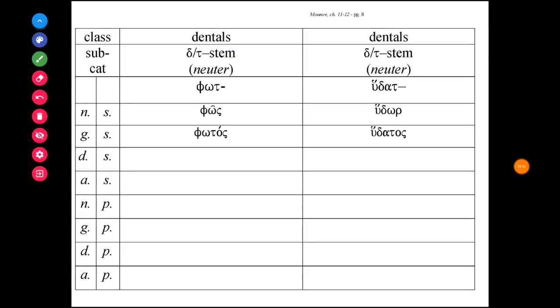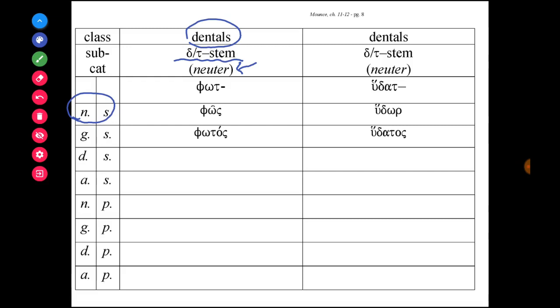For our next two paradigms, we have a dental noun that's not a mat stem like onoma, pneuma, or soma, but they are dental stems, and these dental stems, which are neuter in their endings, tend to sometimes have an irregular, unexpected nominative singular form.